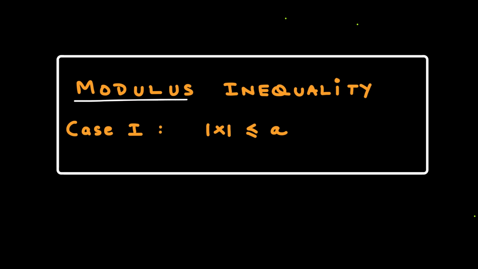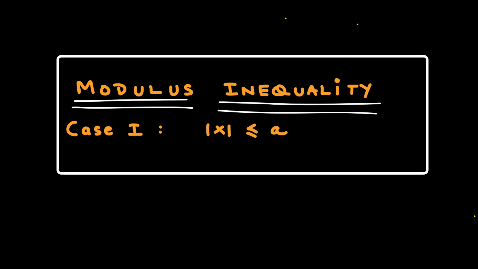In this video, we will learn and apply the technique of solving a modulus inequality. Now, a modulus inequality can appear in different formats, so that is why I have broken it up into different cases. This is the first case that we are focusing on.